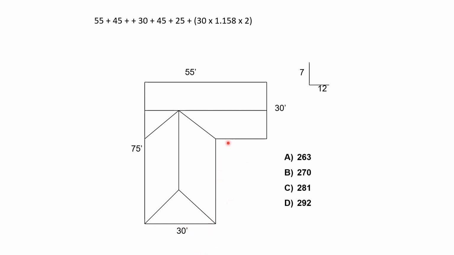How we know that's 25 is because we've got 30 minus 55. We got another 45 right here, okay, and then we account for our two rakes, our two eaves or rakes, either one you want to call it. 30 feet times 1.158, same flat area factor, and then we have two of them.